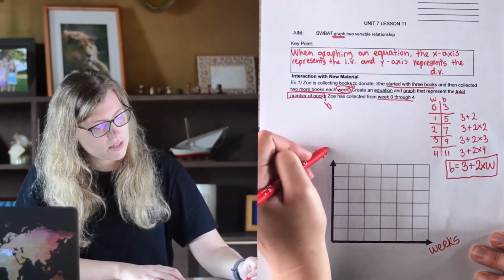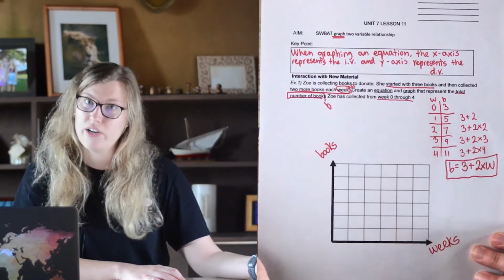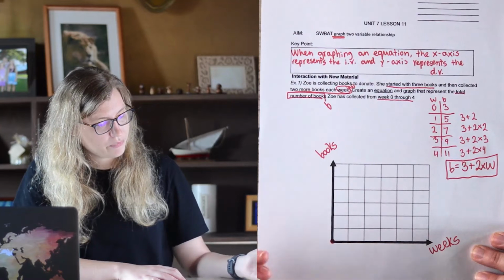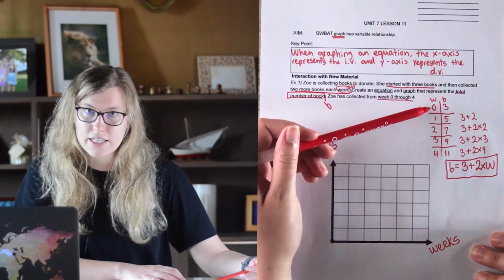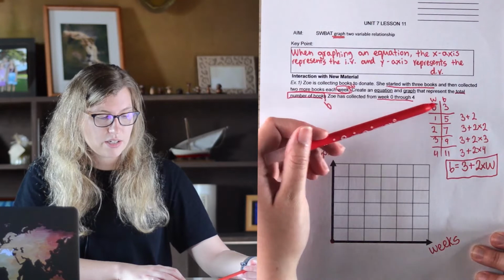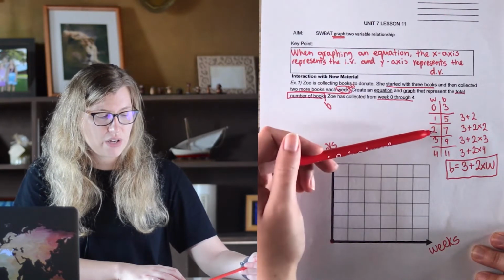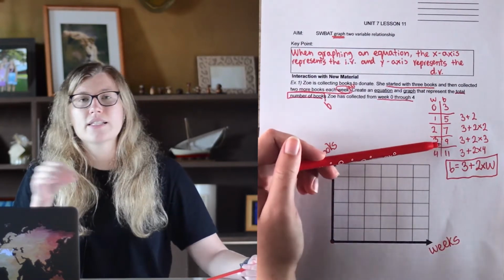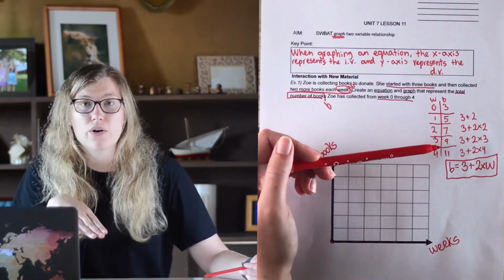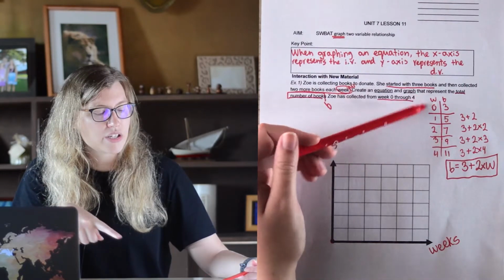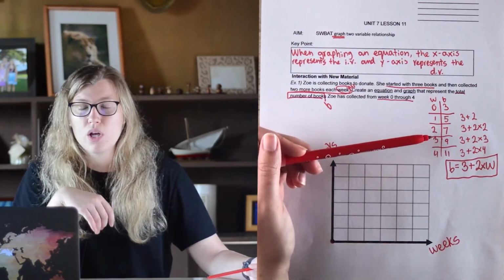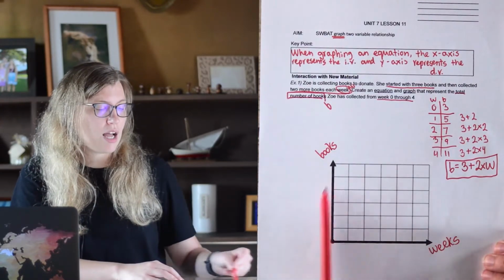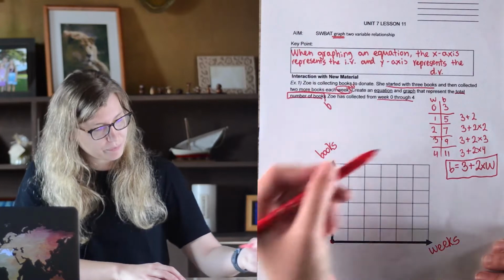Well, my books, because that was my dependent variable. I'm going to have to plot the points: 0, 3; 1, 5; 2, 7; 3, 9; 4, 11. Now you can see why I didn't jump straight to my equation. I actually created this table because this table represents my ordered pairs, the ones that I'm actually going to plot on this graph right here.